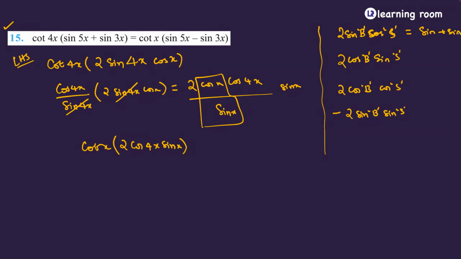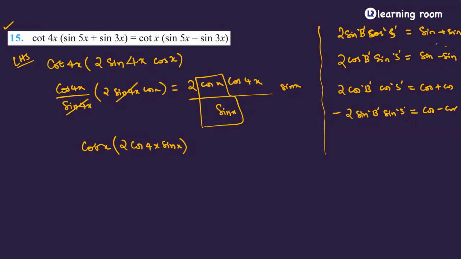So the order will be sin plus sin, that is sin C, sin A plus sin B. This one you will get as a result of sin minus sin. This you will get as a result of cos plus cos, and this you will get as a result of cos minus cos. So if you observe the result here, 2 cos of bigger angle, sin of smaller angle. So when is it possible?